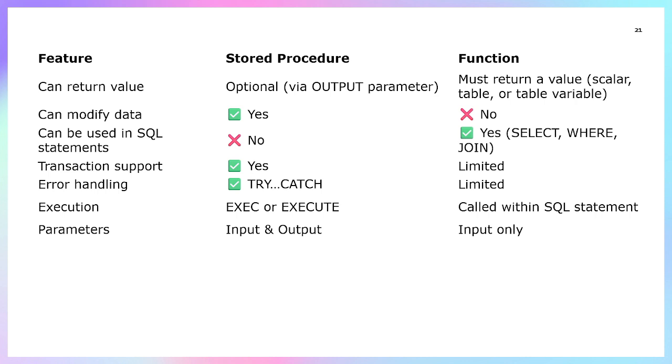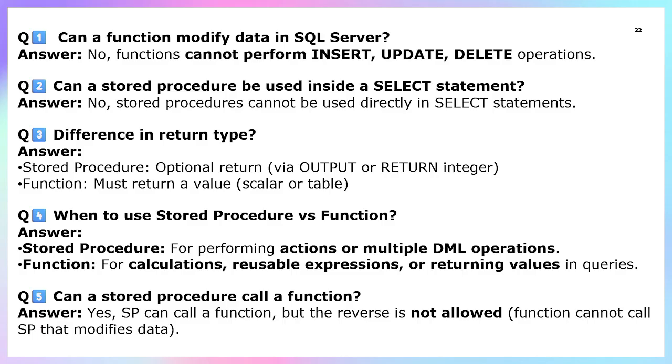So these are the differences between a function and a stored procedure. Now we come to a few questions and answers between the stored procedure and function, which are asked by interviewers many times.